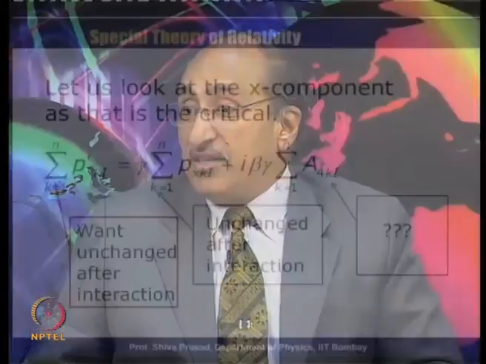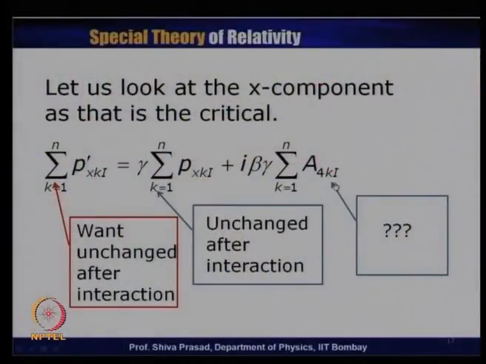It means if I want that this particular conservation should be holding good in the S prime frame of reference, I must look much more carefully at this particular value here. If this value also does not change after the interaction, then only is it possible that this particular value will also not change after the interaction.